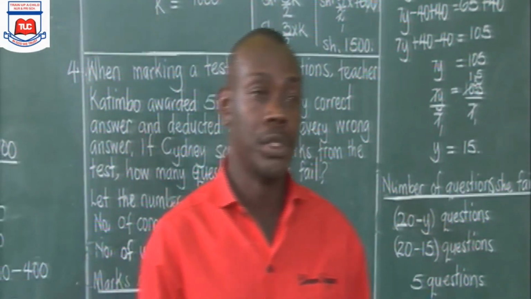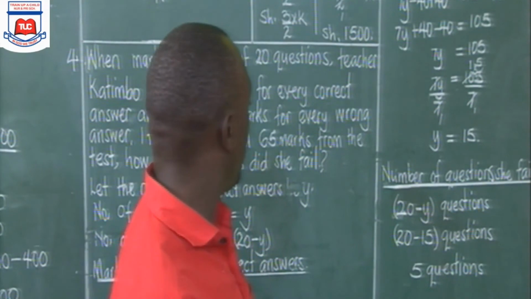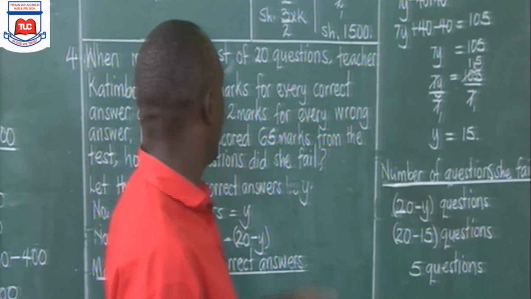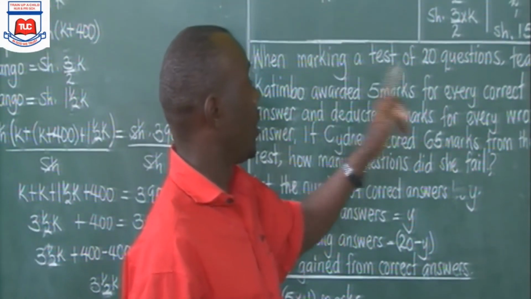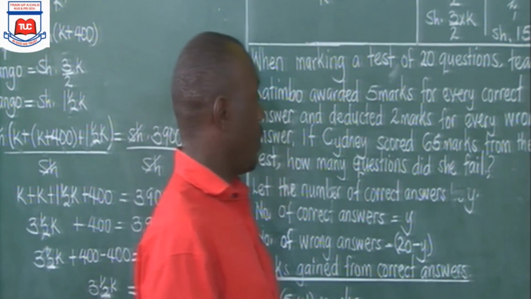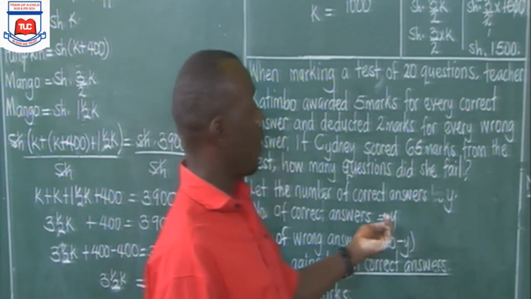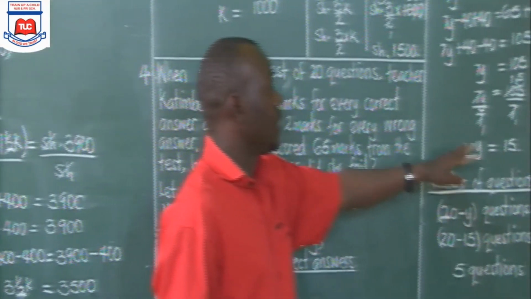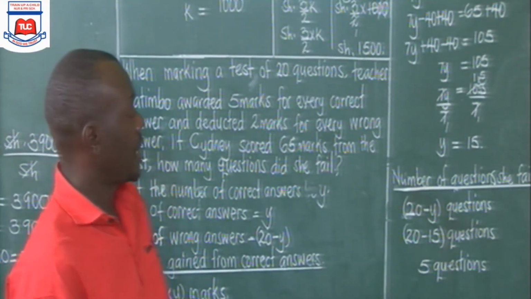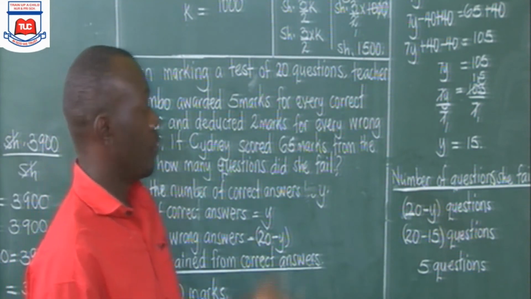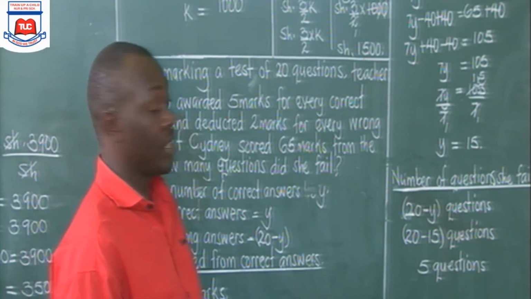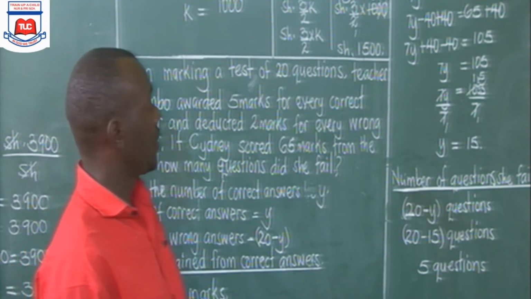You can prove it and see what Teacher Katimbo was doing. He awarded 5 marks for every correct answer. The correct answers are y, which is 15. So 5 times 15 is 75 before any deduction.